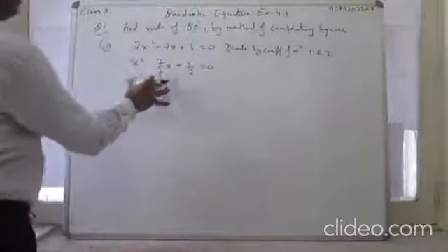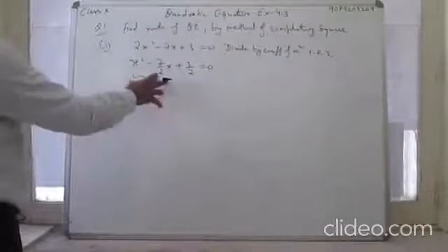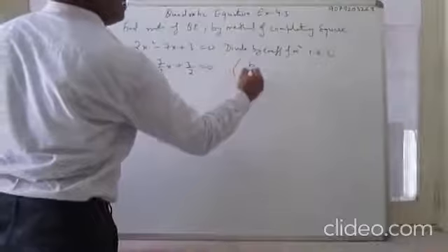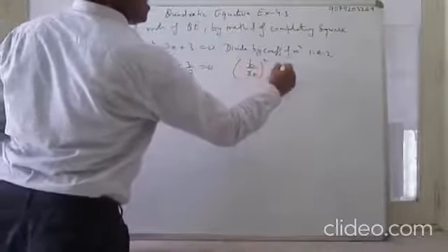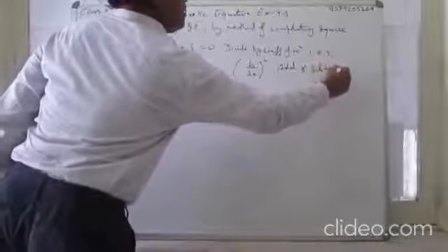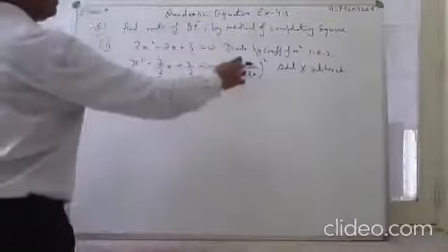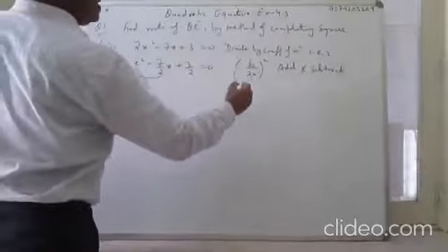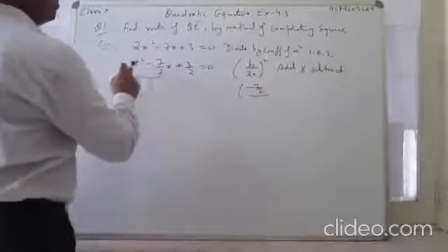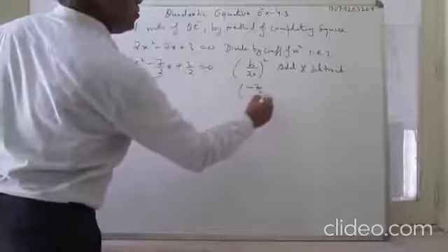Now what do we add in this so that it will be the complete square? The trick is that you can add b upon 2a whole square, add and subtract. So it will become complete square. What is b? Coefficient of x, that is minus 7 upon 2. What is a? 1, so 2a is 2 into 1.